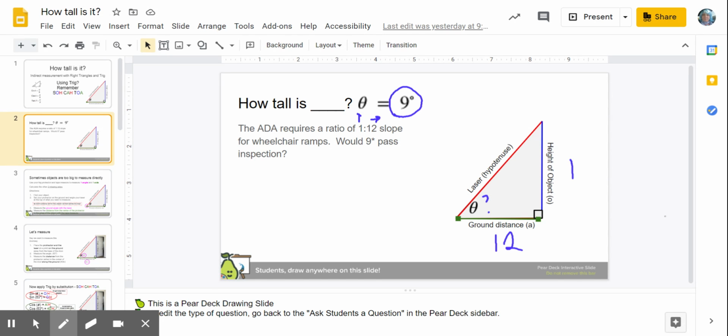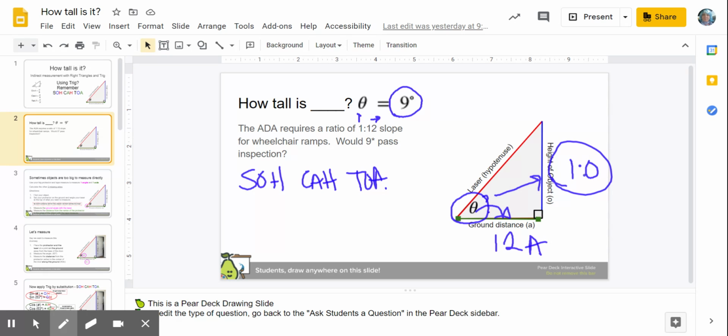Okay, so if I put in SOHCAHTOA, right? I want to know this angle. That's my question mark. So the 1 is the O and the 12 is the A. Do I want to use sine, cosine, or tangent if I have the O and the A?